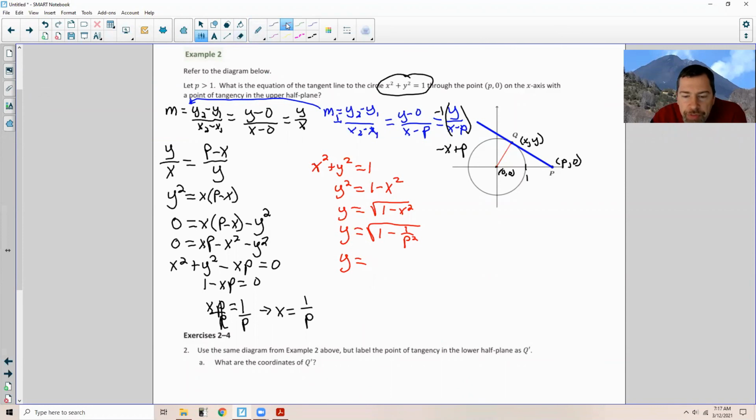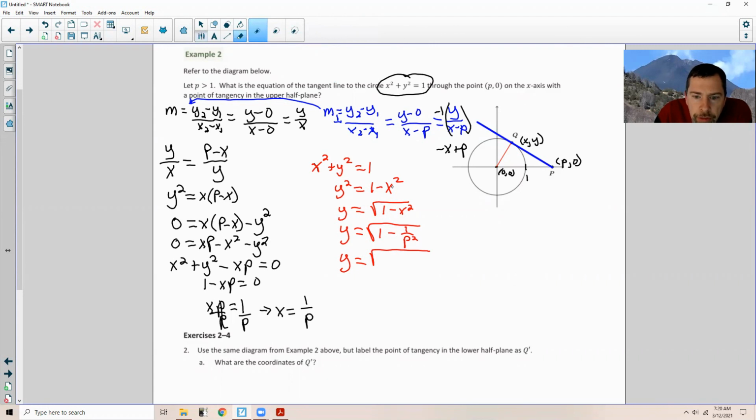Okay, so we need to simplify this. So now what we need to do is combine like terms under the radical.